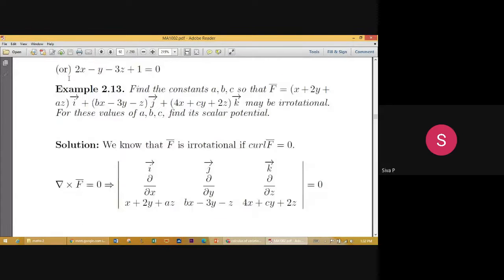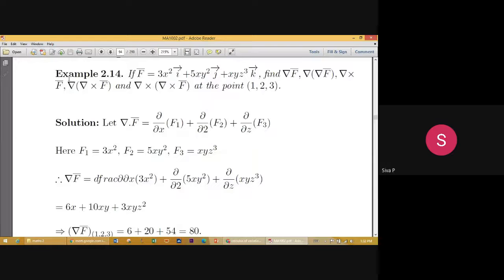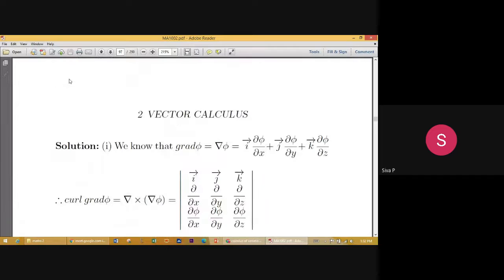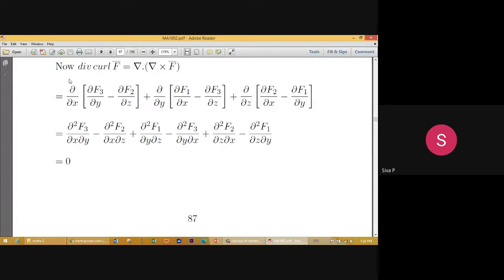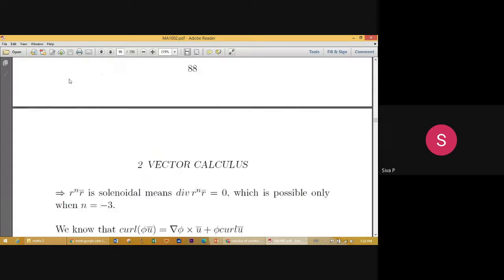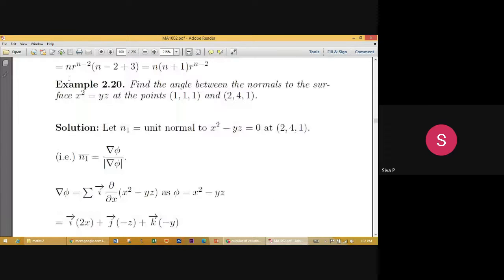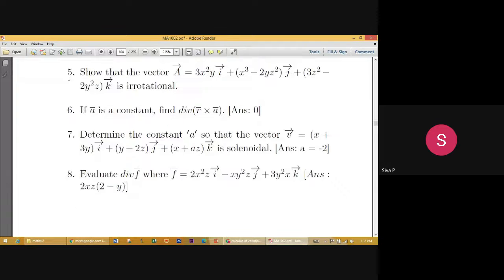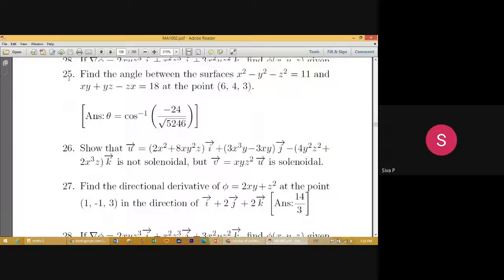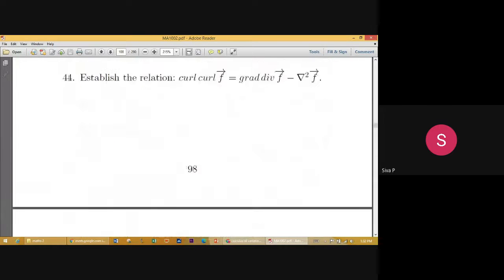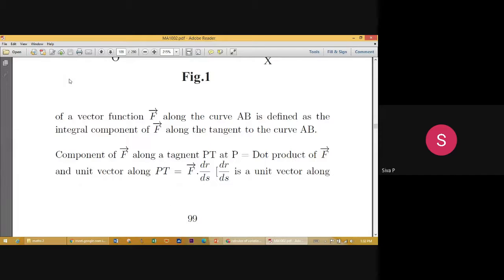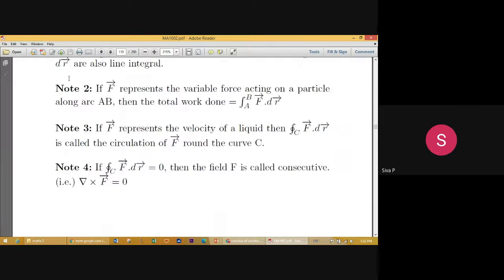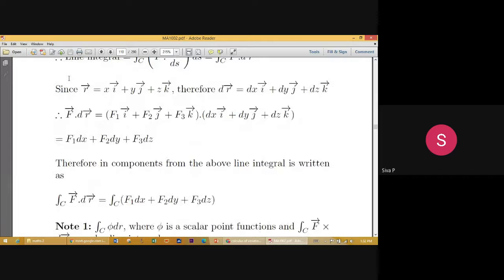You know the scalar potential. Did you study that, vector analysis?